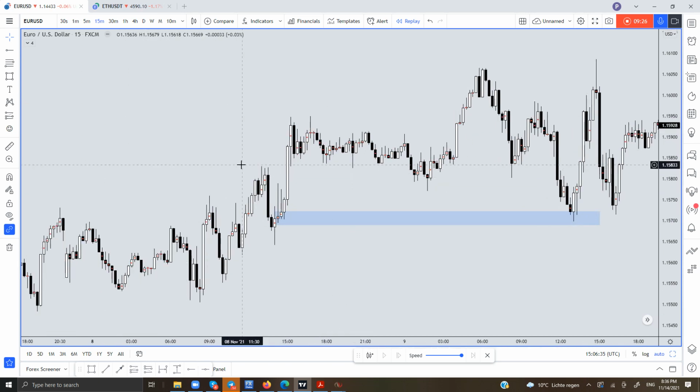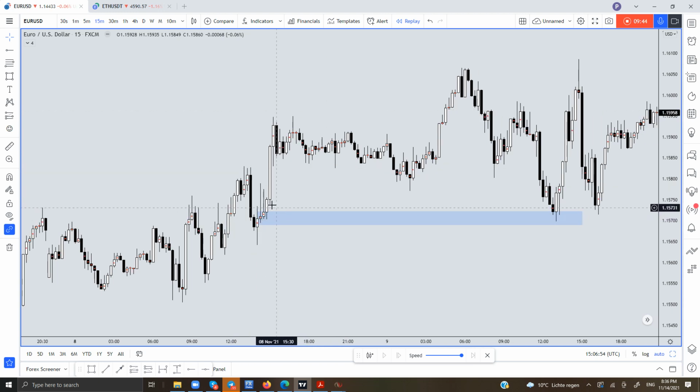It cleared all those previous all-time highs, liquidities. It's a nice level, and I look for these kind of moves. If you have watched my last videos, then you know that I look for these kind of strong moves, and let the price come back to the zone again.